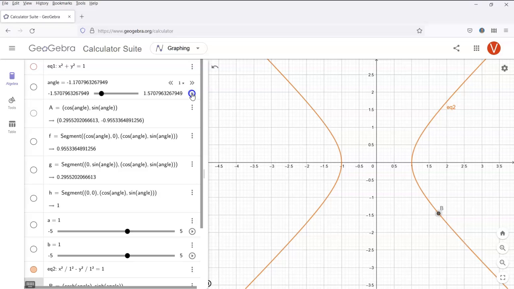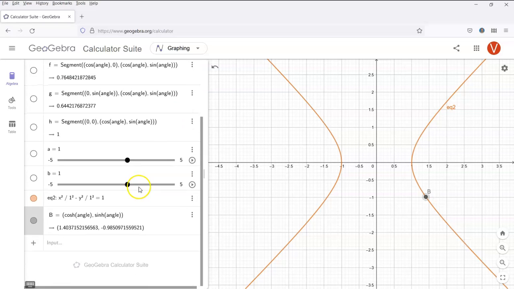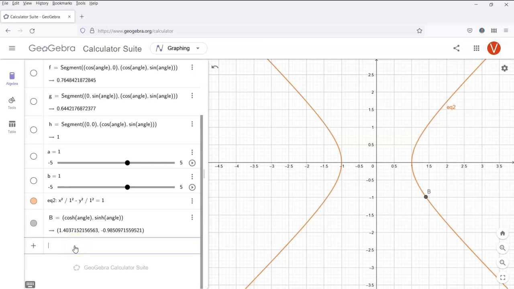Now let's again form the segment. Let's join the point to the x-axis and the y-axis. So segment from cos of the angle comma 0 to cos of the angle comma hyperbolic sine of the angle.